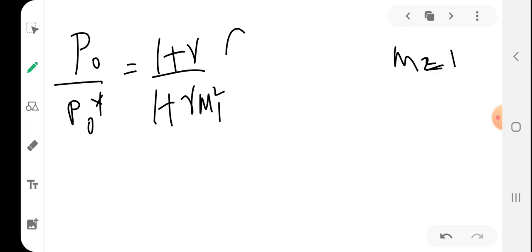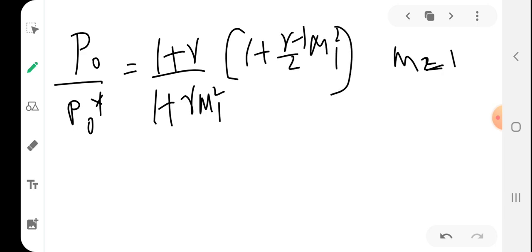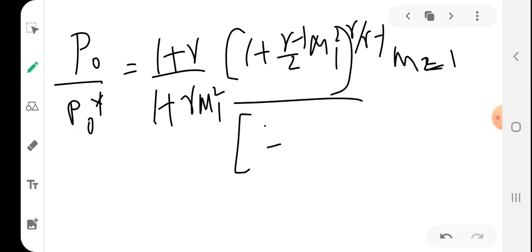And what will be remaining here? The stagnation term, 1 plus (gamma - 1)/2 M1 square, raised to gamma by gamma minus 1, and in the denominator 1 plus (gamma - 1)/2 M2 square raised to gamma by gamma minus 1.